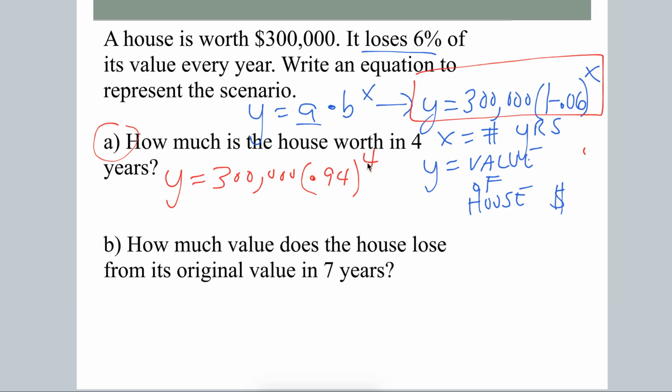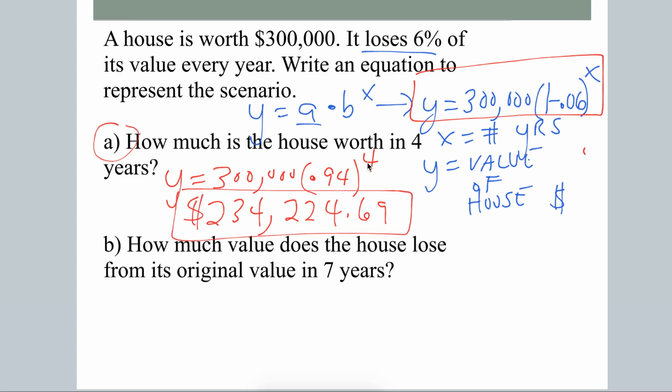So if we type that into our calculator, let's see what we get. I got $234,224.69. All right, so that's the value of the house in 4 years, assuming that it's losing 6% of its value every year.